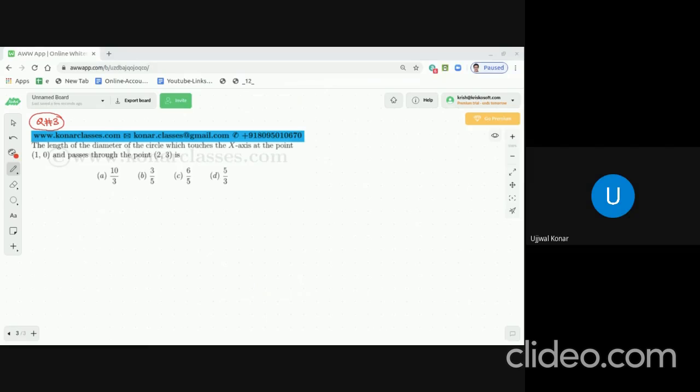If I give a visual representation of the statement, whatever I just said, it will look something like this. Correct? That the circle touches the x-axis at the point 1, 0 and also passes through the point 2, 3.